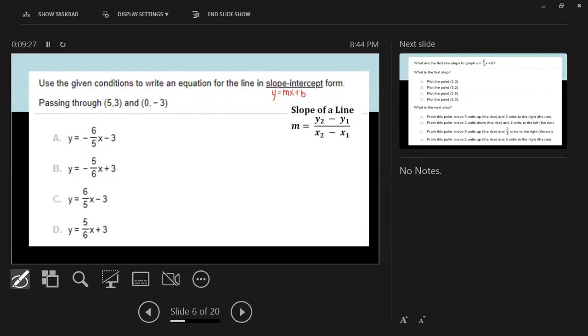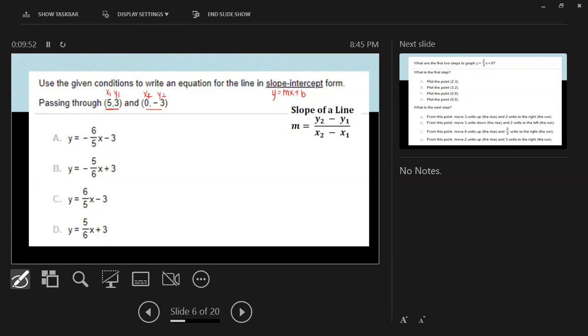Now, I'm given 2 points. Because I'm given 2 points, I need to find the slope first. As you can see, we have the slope formula there. So the 5 will be my x1, the 3 will be my y1, the 0 will be my x2, and the -3 will be my y2.